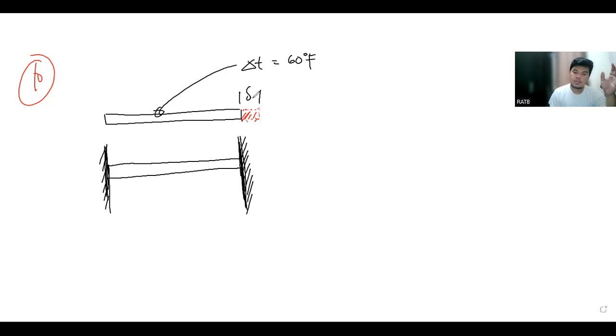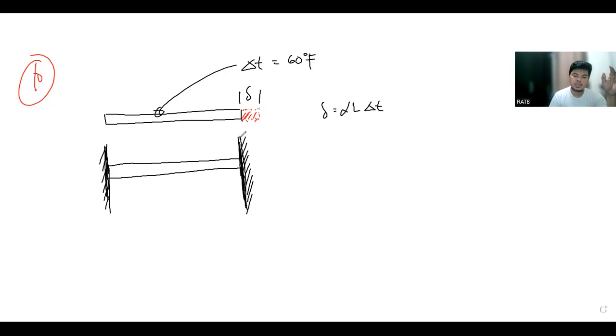The bar supposedly will elongate because of the change in temperature. So you have the elongation, that's alpha L delta T, which is supposed to be the elongation due to the change in temperature.